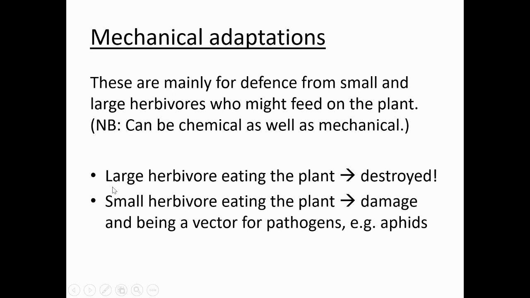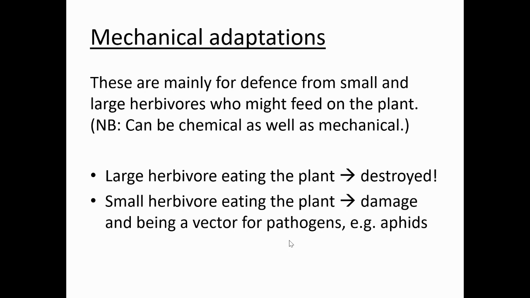So what's the problem here? If a large herbivore eats the plant, then it's destroyed the plant. It's taken all of its nutrients and ripped it up into pieces, and it's basically dead. If a small herbivore eats the plant, then it can damage the plant, obviously. It can be a vector for pathogens. So just like when a mosquito bites a person, it may let the malaria protozoa in, which then can cause the disease.